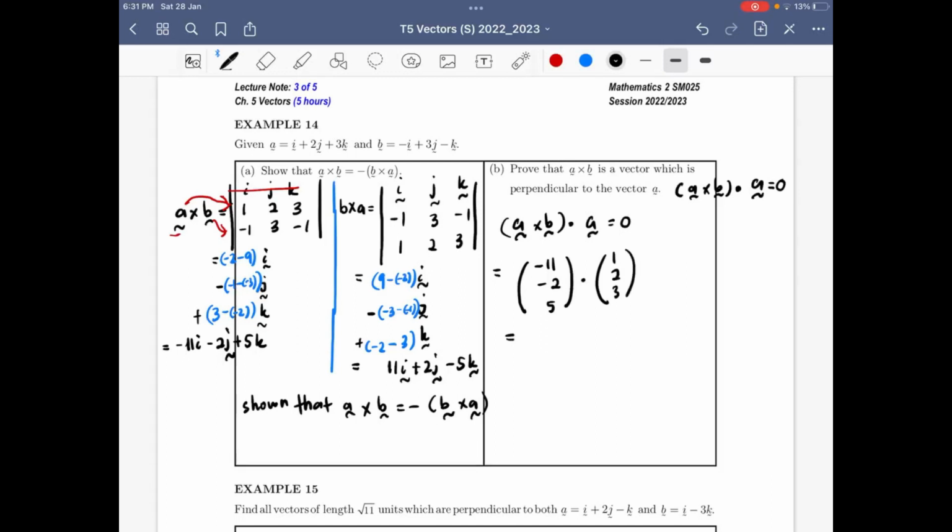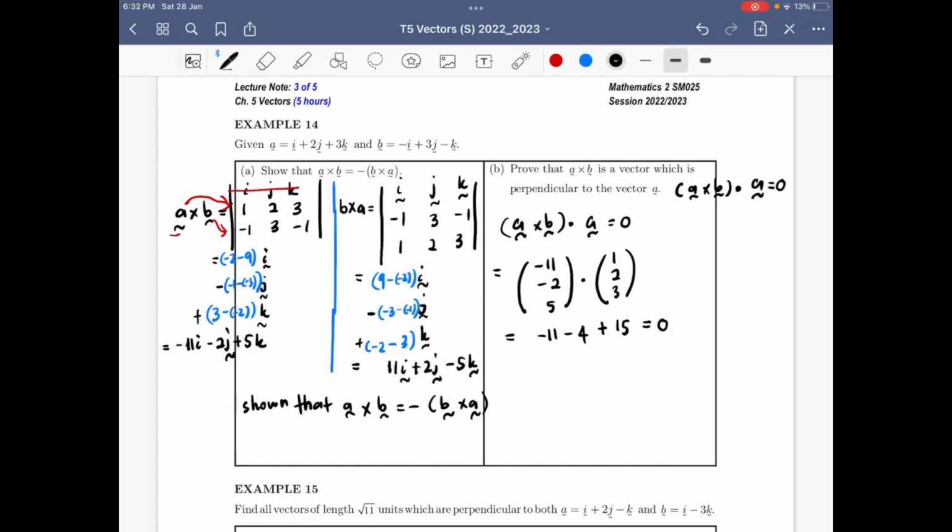So we get negative 11 plus negative 4 plus 15. So we get equal to 0. If you make it vice versa also, it will be the same. It still will be 1 times negative 11 plus 2 times negative 2 plus 3 times 5. Because B dot A equal to A dot B, right? So it's similar.